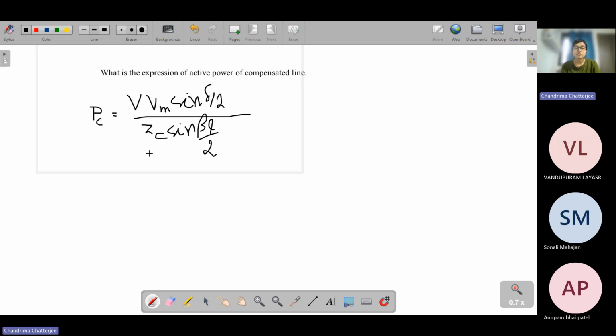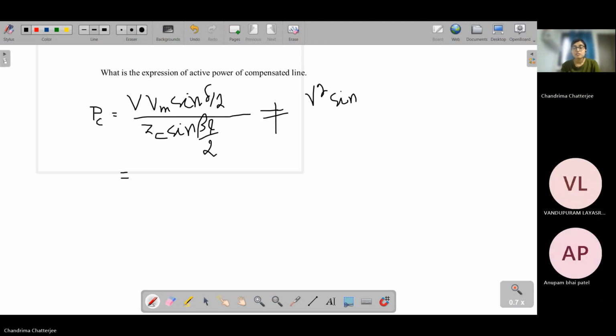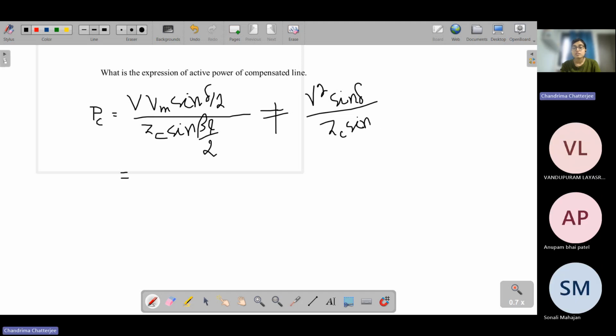This is the expression. So this is not equal to the expression that we were calculating with earlier. That was V square sin delta by Zc sin beta L. They are not equal. Okay, they are different.